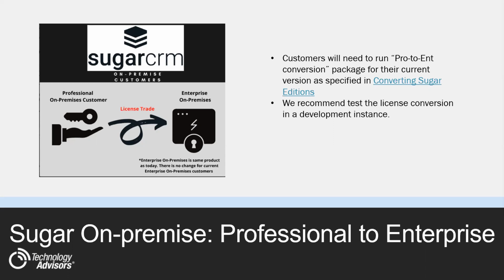And Sugar is still working on publishing a technical guide that gives a lot more detail on moving from Professional to Enterprise. We're keeping an eye out from the development community, and once we see that published, we will make sure to send those links to our on-prem customers.